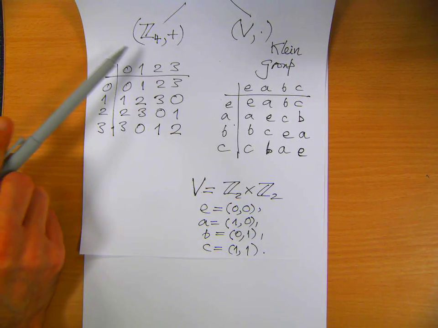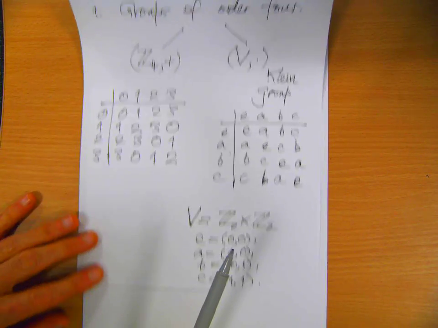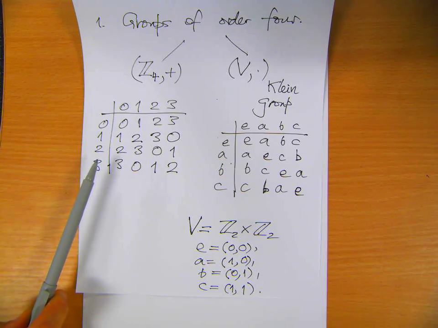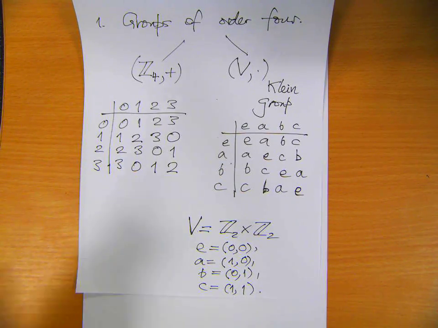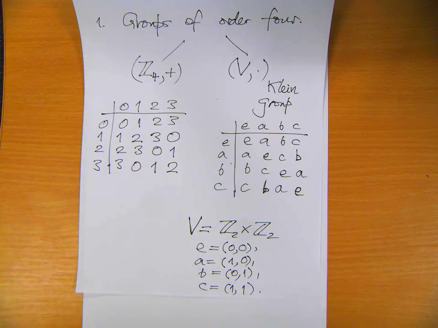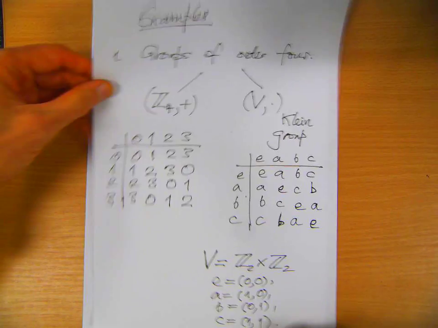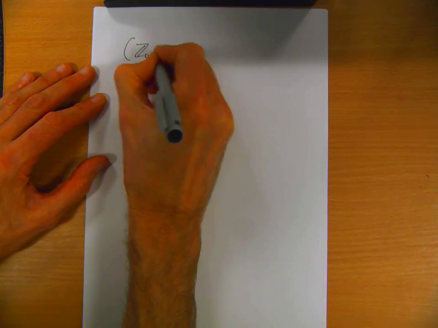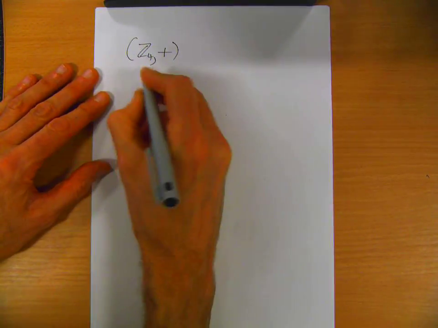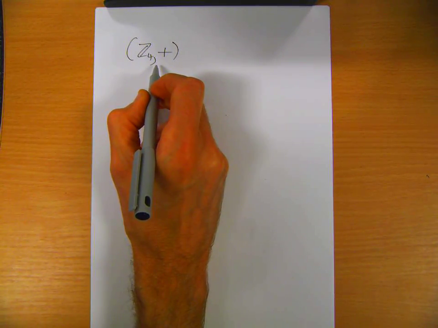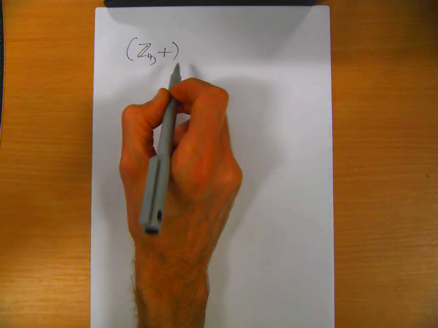And we'll see, in fact, that Z4 is itself a cyclic subgroup of itself. We say that Z4 is cyclic. It's actually generated by one of its elements. So let's see that. So now let's look at Z4. Well, we can take any element we like and look at the subgroup generated by it.